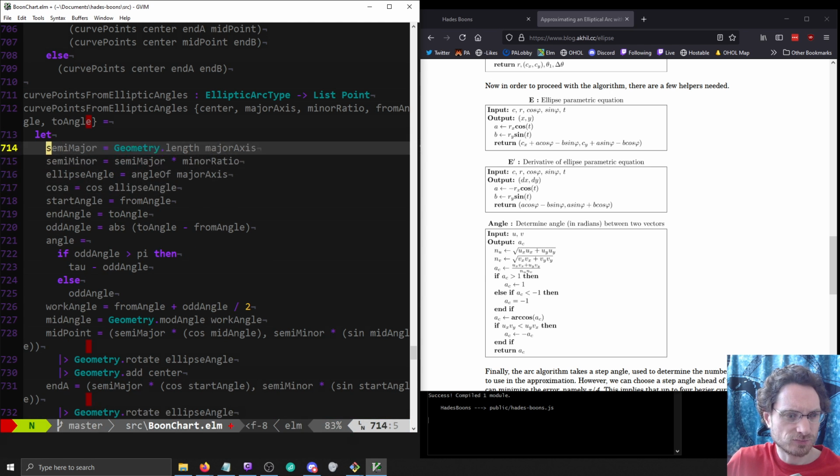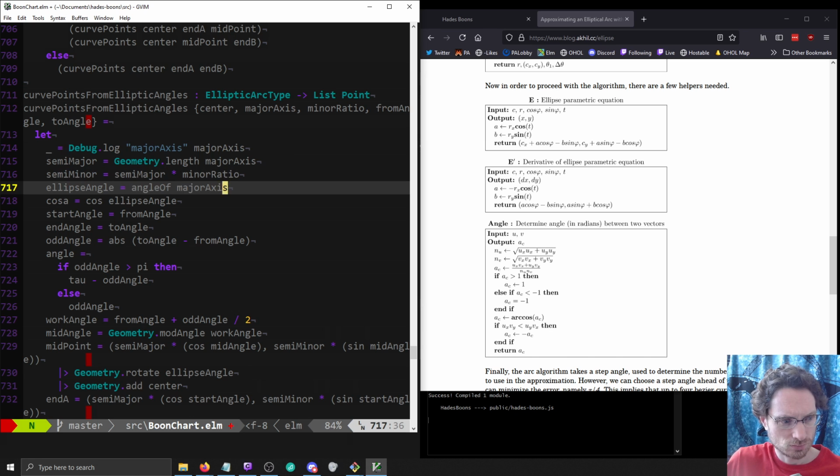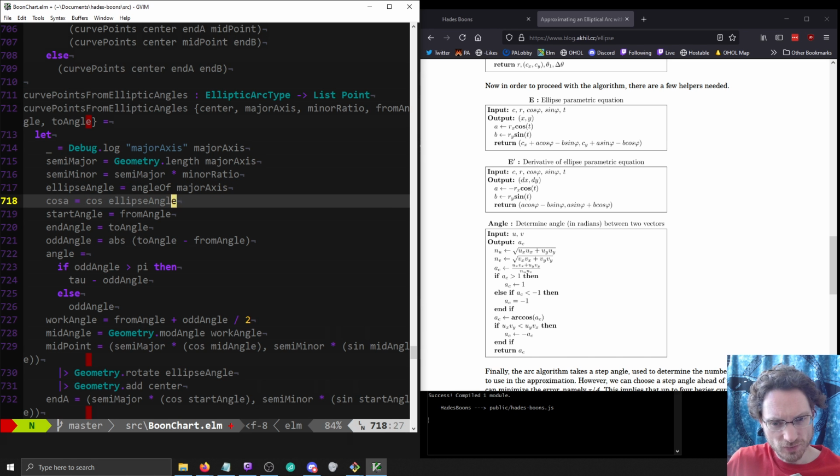I don't have a good place to output major axis. If so, that's kind of interesting because that actually means that major axis form is actually a useful intermediate format.